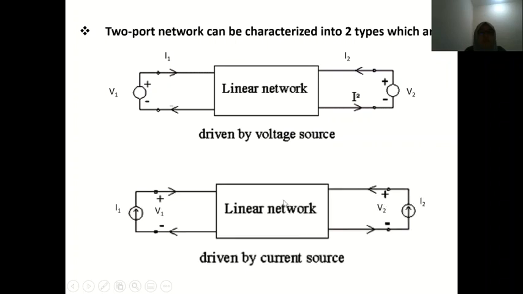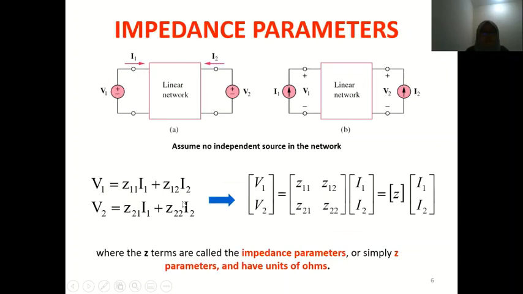The second is where the network is driven by a current source, so the current source is the main source. For the impedance parameters, we have these two categories: driven by voltage and driven by current.